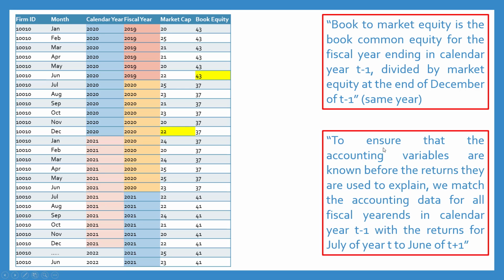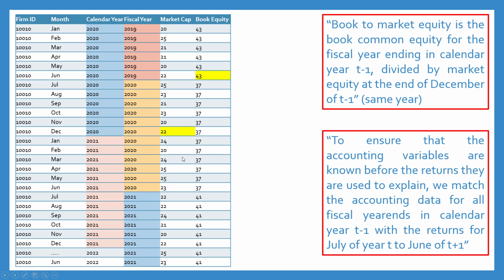Now, to ensure that the accounting variables are known before the returns they are used to explain, we match the accounting data for all fiscal years ending in calendar year T-1 with the returns for July of year T to June of year T+1. So this is the year T-1. We shouldn't form the portfolios in January of 2021.